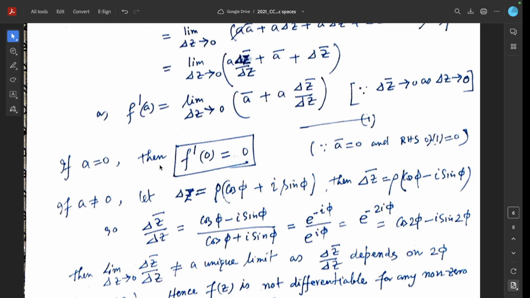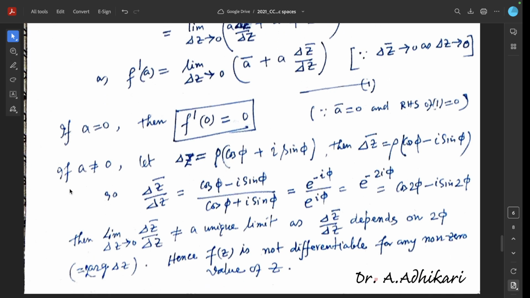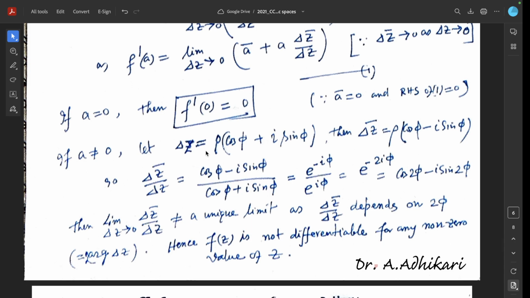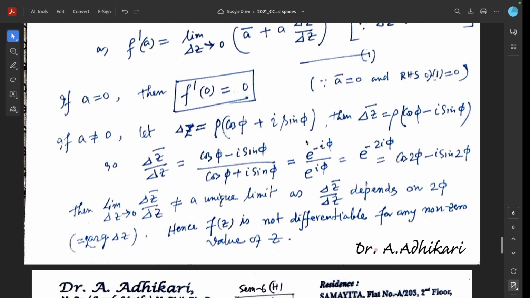If a equal to 0, then from the right hand side, a bar equals 0 and a equals 0. So obviously f dash(0) equals 0. So f is differentiable at the point z equal to 0. Now let a not equal to 0 and let delta z equal rho times (cos phi plus i sin phi). Then delta z bar equals rho times (cos phi minus i sin phi). So delta z bar by delta z equals cos 2phi minus i sin 2phi.